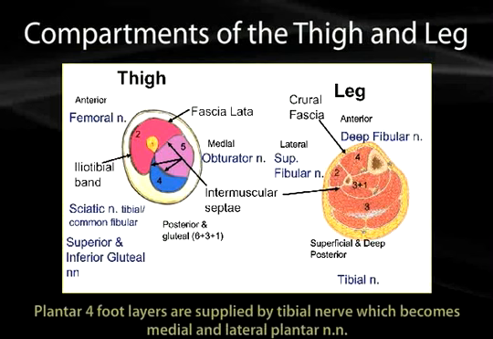In the deep posterior compartment, you can see that there are 3 muscles that are underneath the soleus, but there's 1 muscle above the soleus, which is why I've put it as 3 plus 1. The plantar foot has 4 layers, and all of them are supplied by the tibial nerve, which will then branch once it gets into the foot as the medial and lateral plantar nerves.